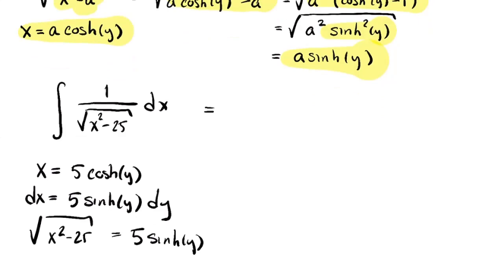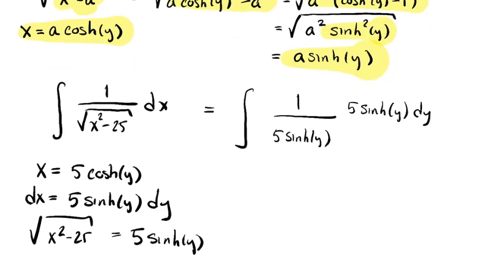So this integral transforms into 1 over 5 times the hyperbolic sine, times dx, which is 5 times the hyperbolic sine dy. The 5's cancel, the hyperbolic sines cancel, so we just have to integrate dy, which is y plus a constant.